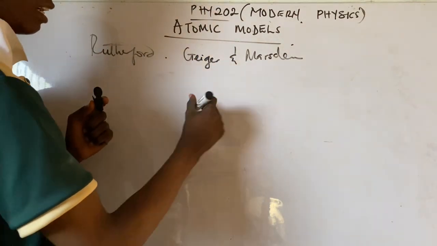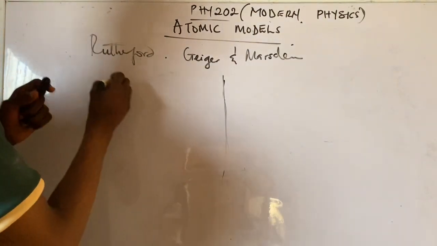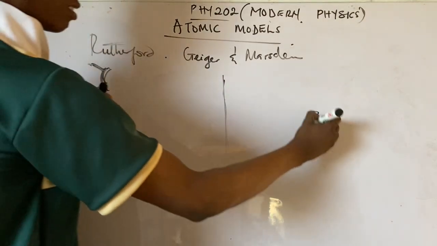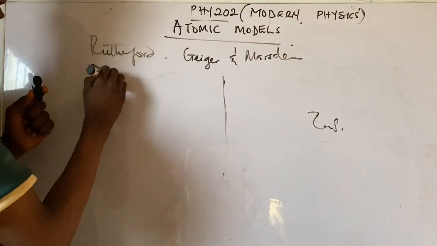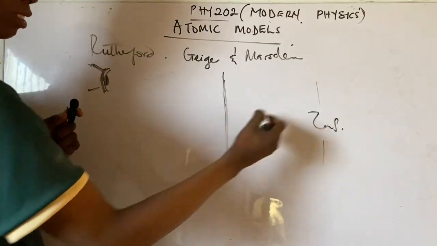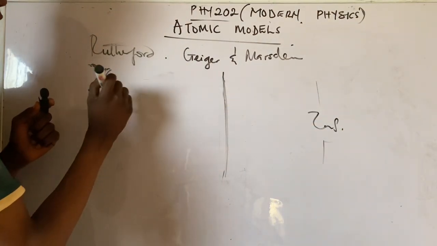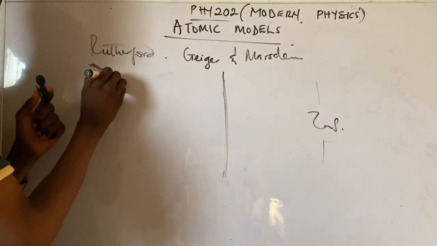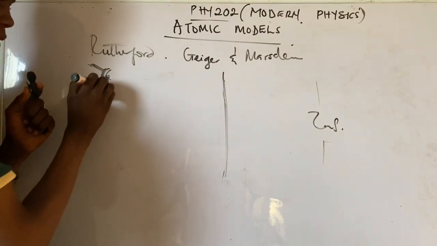He told them to get an alpha particle source and a screen, a fluorescent zinc sulfide screen, so that light will be produced there. They are going to send alpha particles from this radium radioactive source.